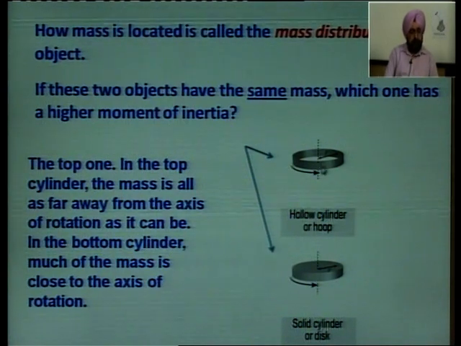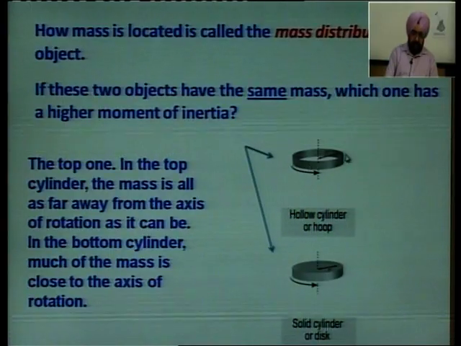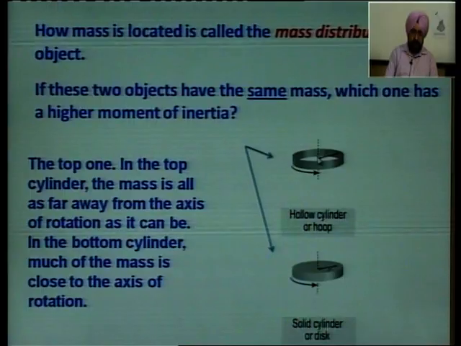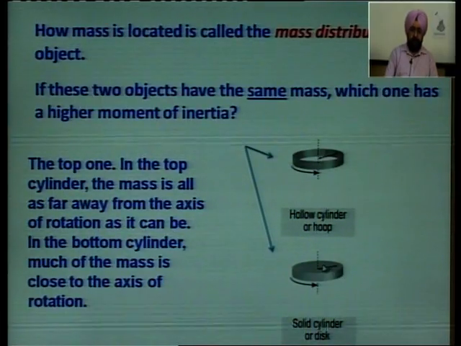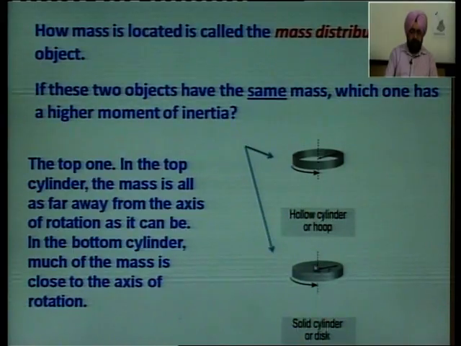If you give a little thinking, you see the particles in the case of this hoop are distributed at a larger distance from the axis of rotation, but here you have got particles near the axis also.